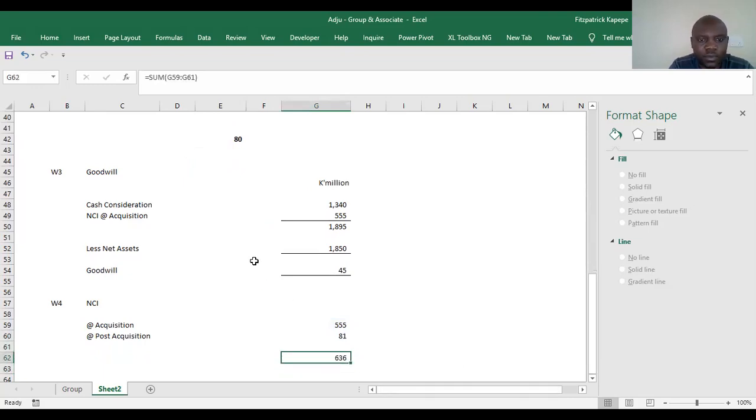So 70 times 70% gives you 81. Yes, times, no, not 70%. Remember, this is the NCI. It's 30%. Okay.